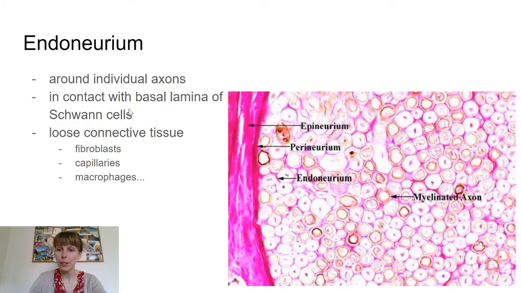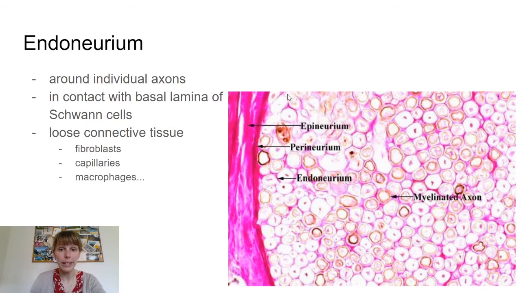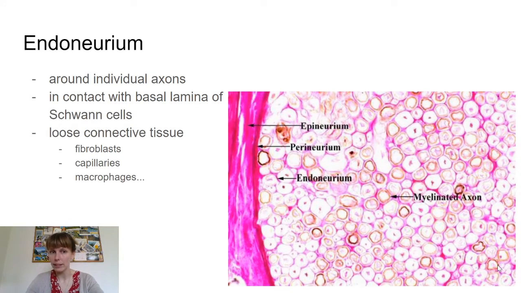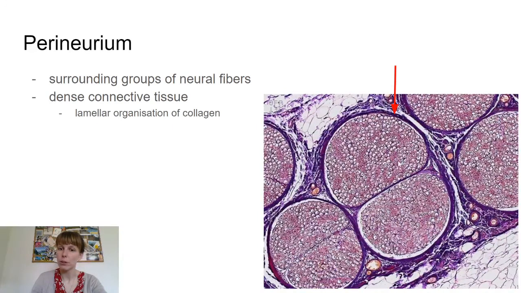So when we look at it up close, the endoneurium will be between these individual axons, so the pink stuff, and it will be loose connective tissue, so nothing really special. So you should know that there is something called endoneurium, that is loose connective tissue, and where to find it. We will take a look at the slide in a minute. Perineurium will be dense connective tissue surrounding the bundles of the axons with the endoneurium inside.